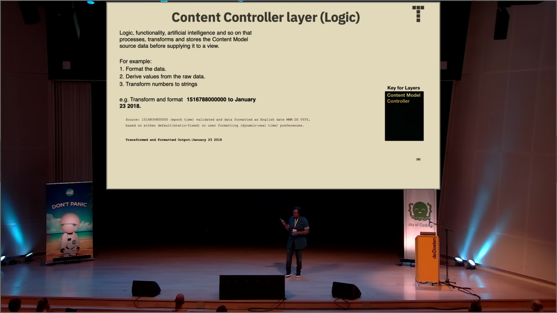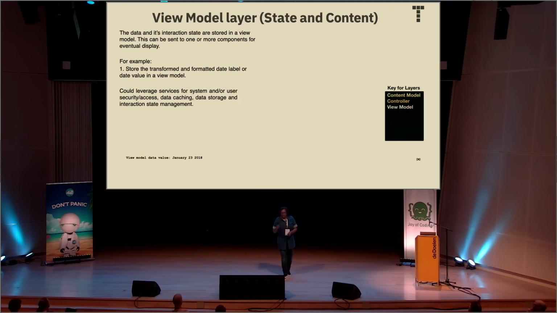You need to ask them, but you can't ask them, so what do you do? You ask their operating system preferences, or you ask their browser, or you ask some other proxy to figure out how to format that date. Once you've done that, you've now got a human-readable date.